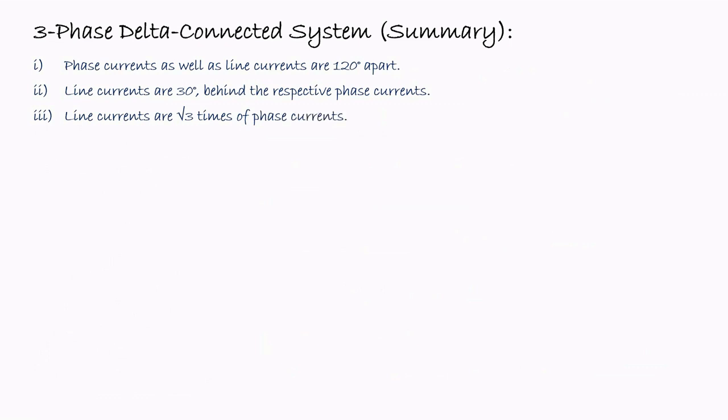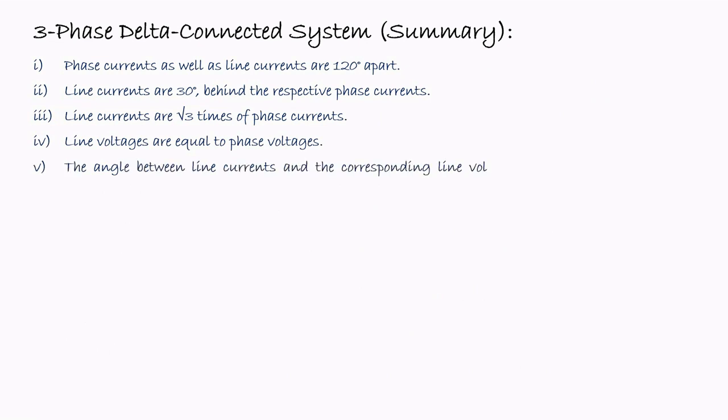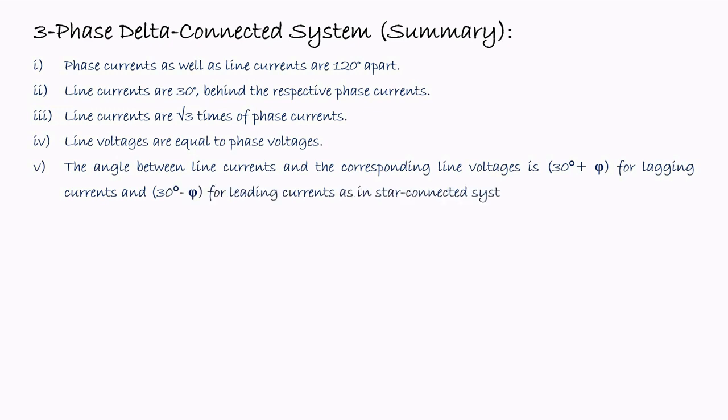Line currents are root 3 times the phase current for a balanced and symmetrical system, whereas the line voltages are equal to the phase voltages. The angle between the line current and the corresponding line voltage is 30 degrees plus phi for lagging currents and 30 degrees minus phi for leading currents. It is the same as in the case of star connection also.